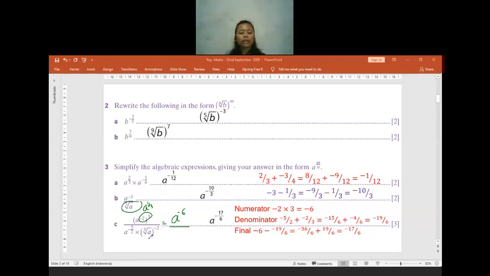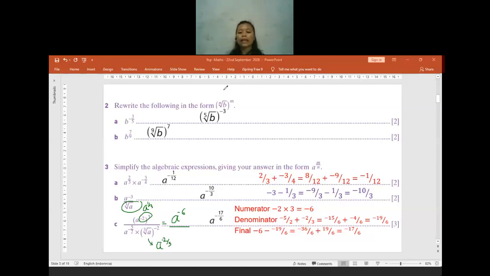For the second term, we can change it to a to the power of negative 2 per 3, because the power is the numerator and the number at the root is the denominator. So for the denominator, there is a multiplication between a to the power of negative 5 per 2 and a to the power of negative 2 per 3.